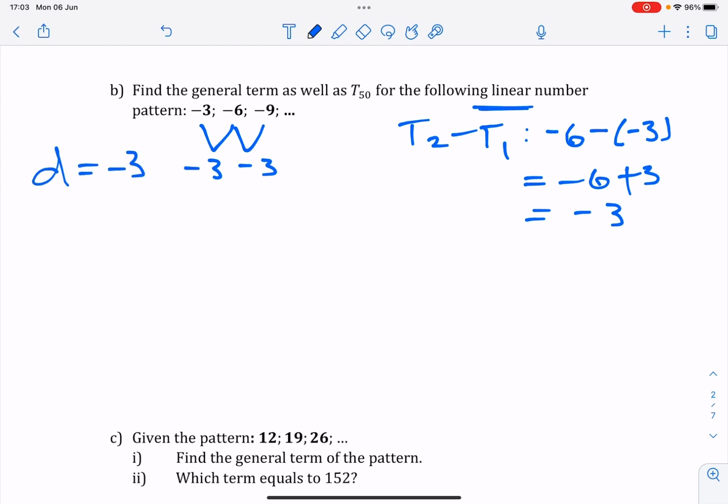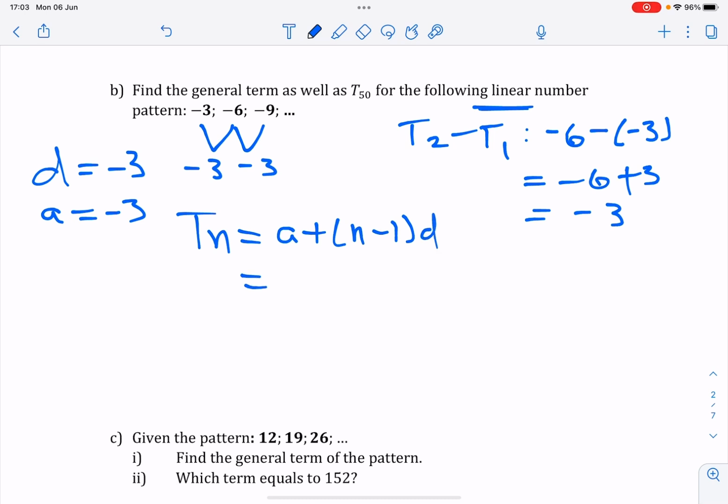And our a is also minus 3, our first term. Tn is equal to a plus n minus 1 d: minus 3 plus n minus 1 times minus 3, which is minus 3 minus 3n plus 3.